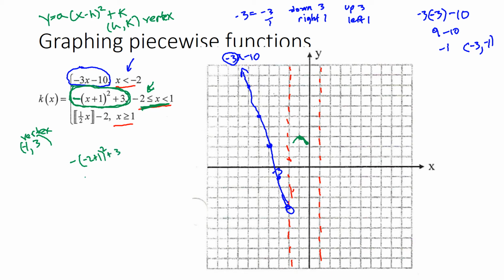This would give us the negative of -1 squared plus 3, and this would be the negative of 1 plus 3, which is equal to 2. So in other words, when we input -2, we got back 2. So that point would be here.